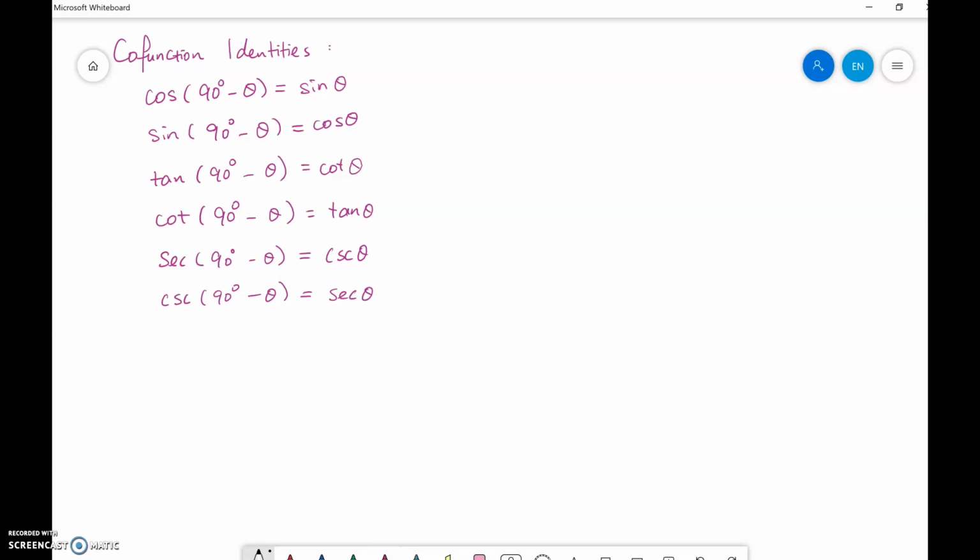So I want to check, not really prove, the cofunction identity, cosine of 90 degrees minus theta equal to sine theta, using the cosine difference identity.